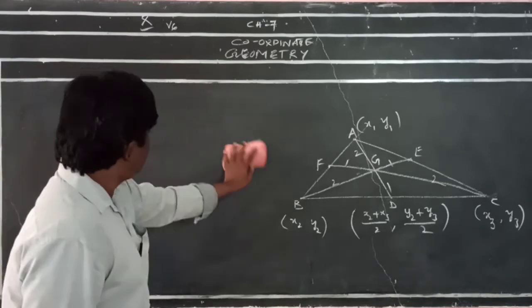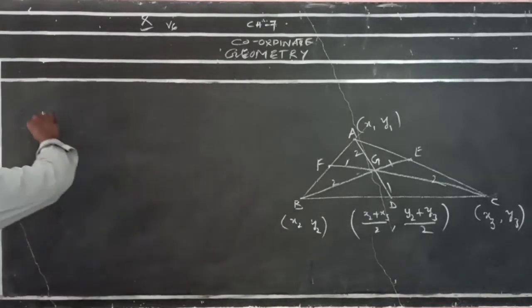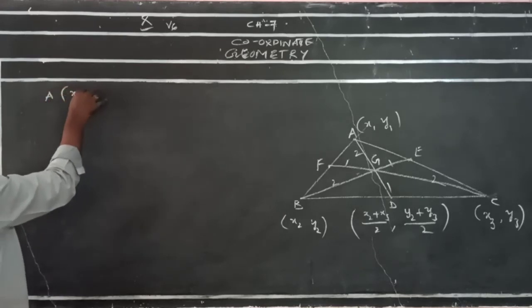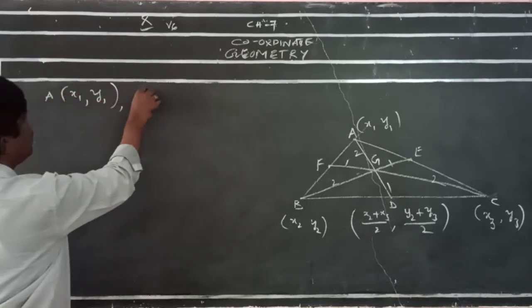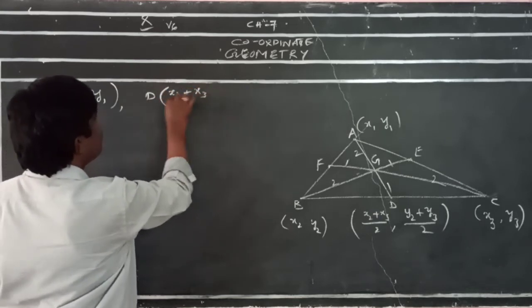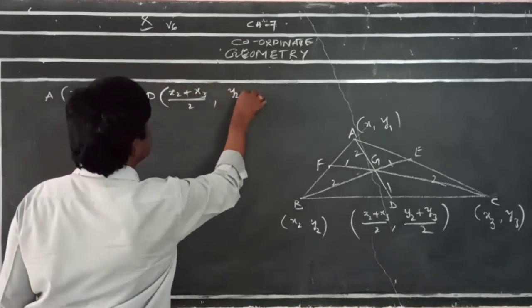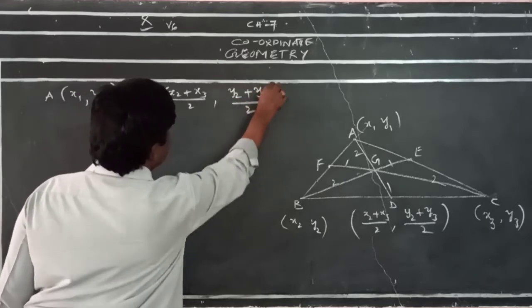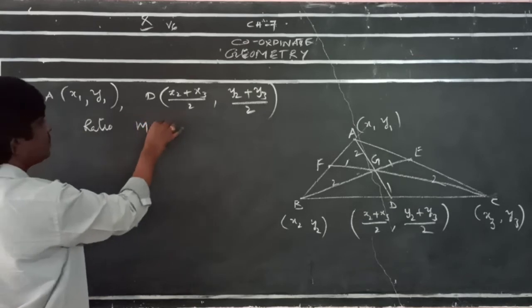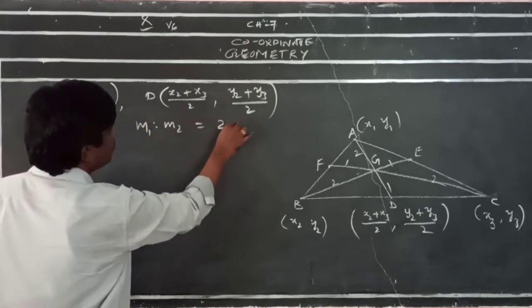So using this section formula, how can you find the centroid? Here, what are the endpoints of the line segment AD? A is x1, y1, D is x2 plus x3 by 2, y2 plus y3 by 2, and the ratio m1 is to m2 is equal to 2 is to 1.